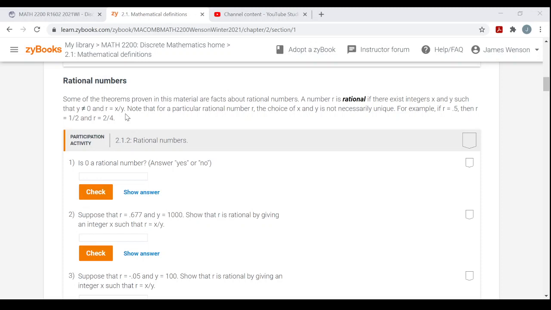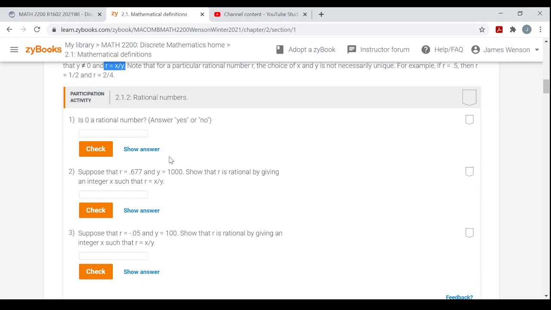Or a rational number is a fraction, a ratio of two integers where the denominator is not 0. So you gotta keep that in mind. This thing right here is gonna be important: knowing that the denominator is not 0, rewriting a rational number as a ratio of two integers x and y. Okay.